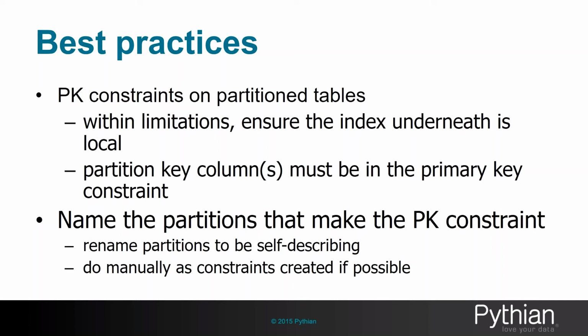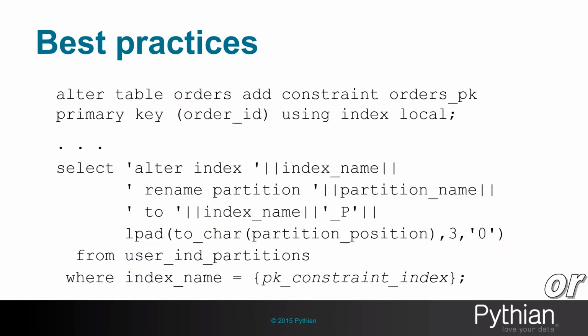There is a way to name the partitions at creation time, or you can go back and use a combination of table name and partition position to make sure that the partitions in the local index that are enforcing uniqueness through a primary key constraint are readily available from the data dictionary without having to go any further.